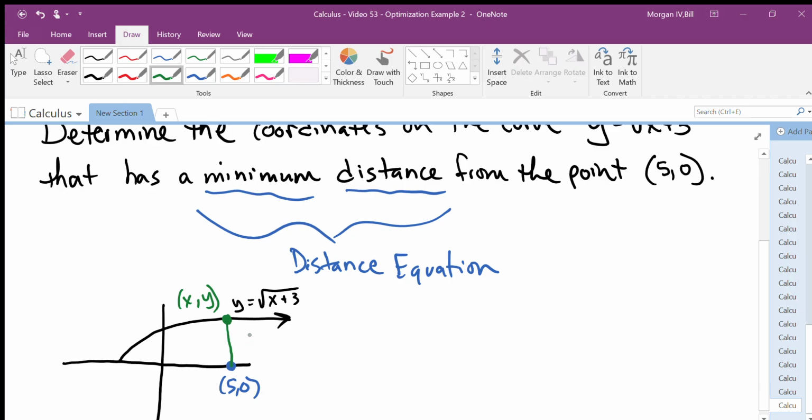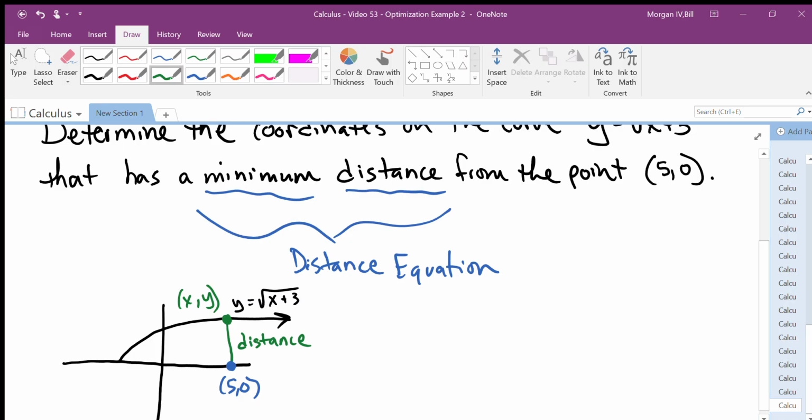So this is the distance d. Okay, and we're trying to minimize that distance. What point (x, y) creates a minimum distance in that line segment?